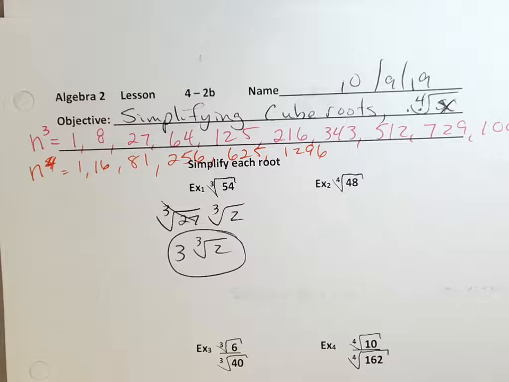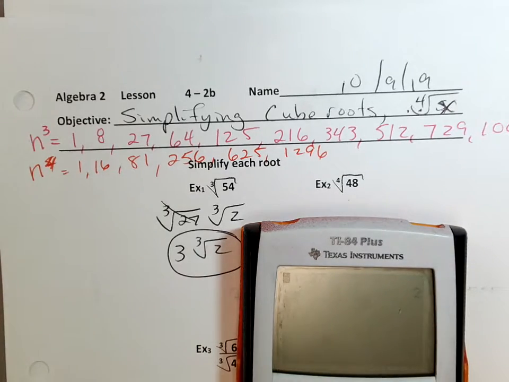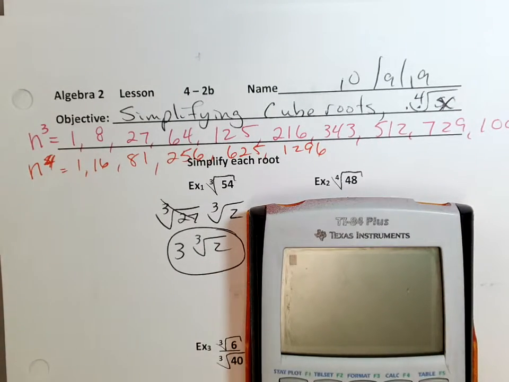Example 2. It's the fourth root of 48. Okay, so what I want is to find one of these numbers in it. What do you think? Well, it can't be anything bigger than that. 16, probably 16, right? So if we're not sure, again, if I'm like, I don't know, golly, I think it's 16, just try it. What is 48 divided by 16?